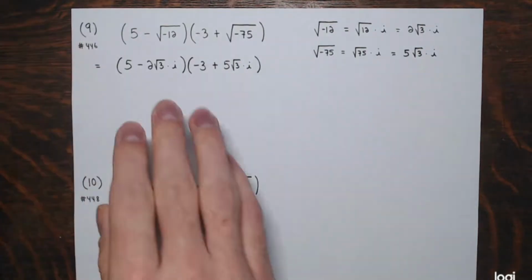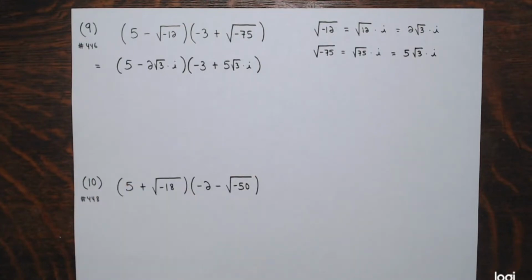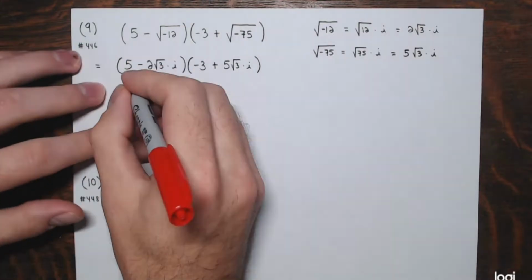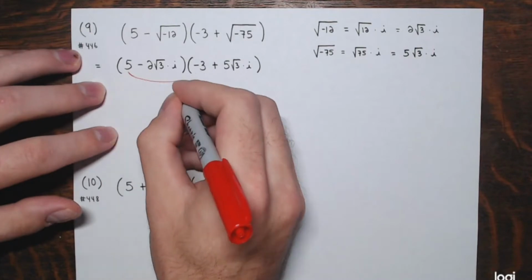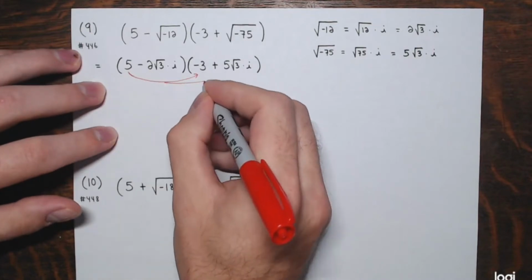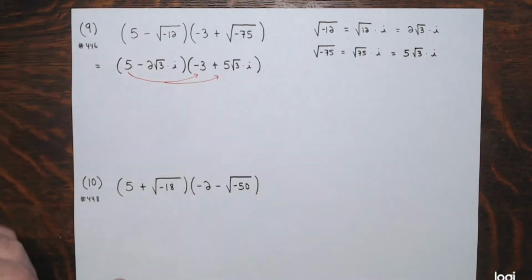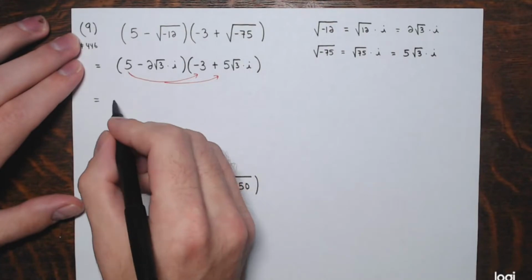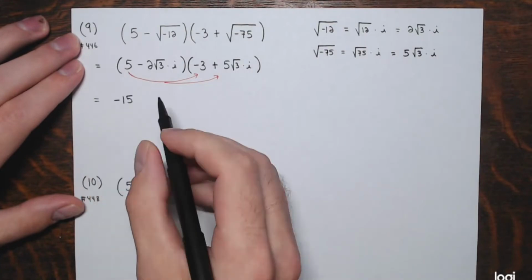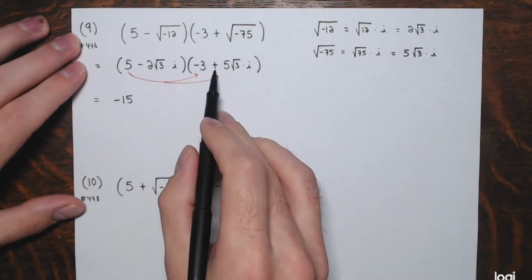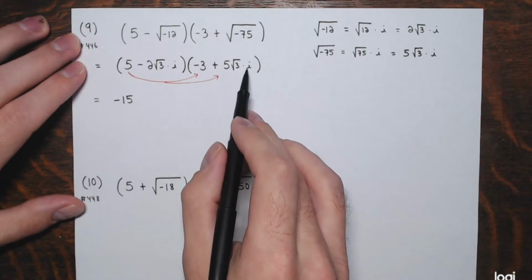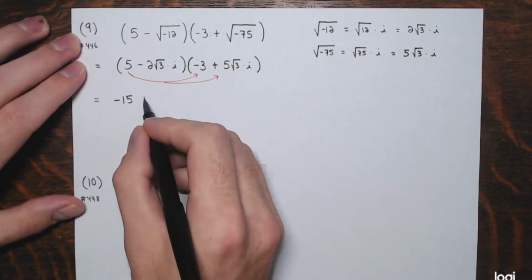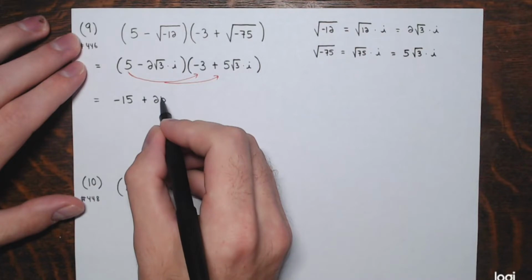And then we do all sorts of distributing, right? It's like foiling. First, I'll distribute the 5 to this negative 3 plus 5 root 3I. All right, so 5 times negative 3 is negative 15. 5 times positive 5 times the square root of 3 times I, that's just 25 times the square root of 3 times I.